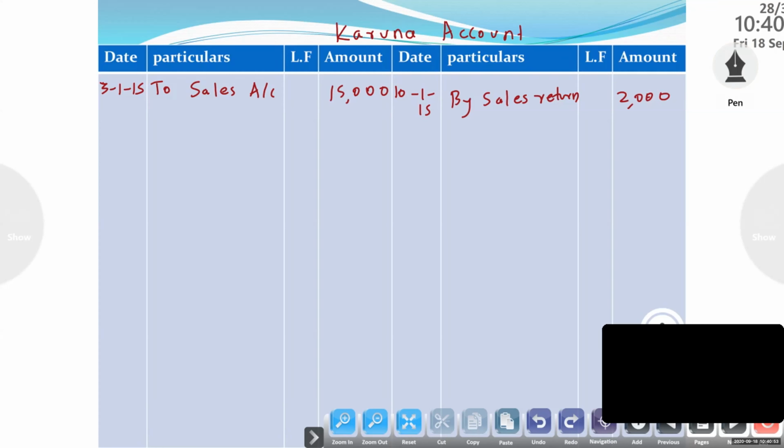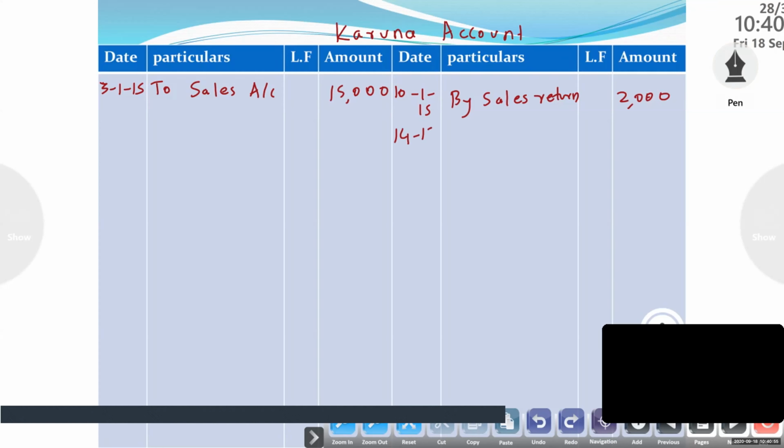Credit side. Yes, by cash account, 13,000. Next, Anila, any other transaction related to Karuna?